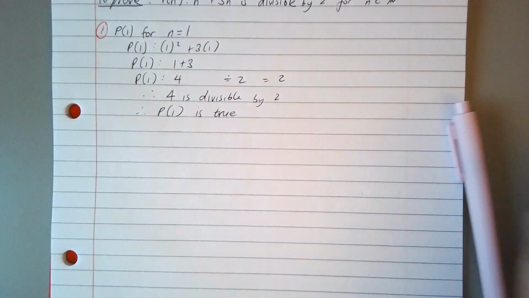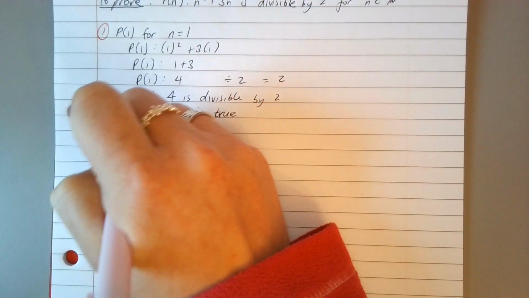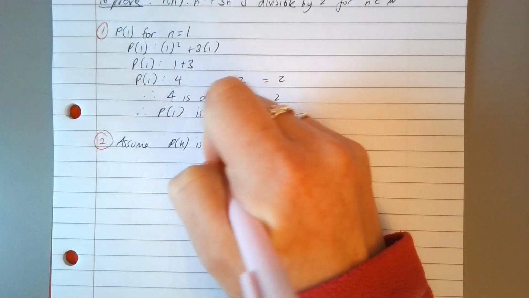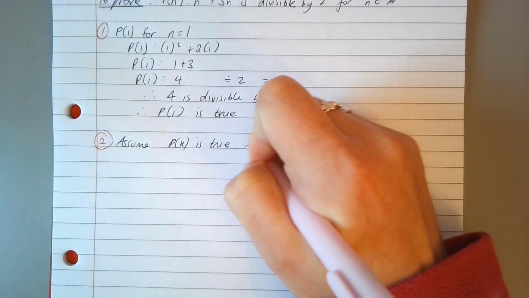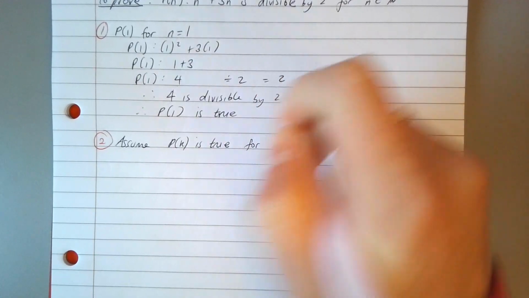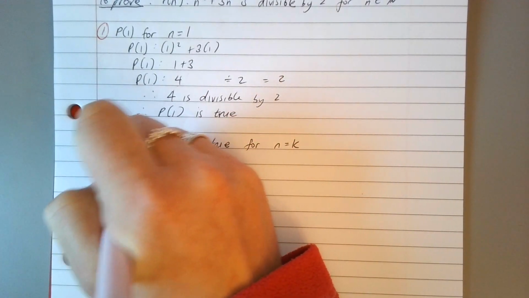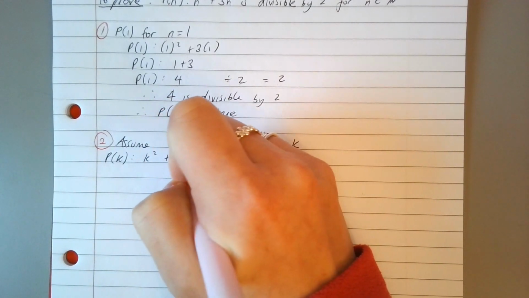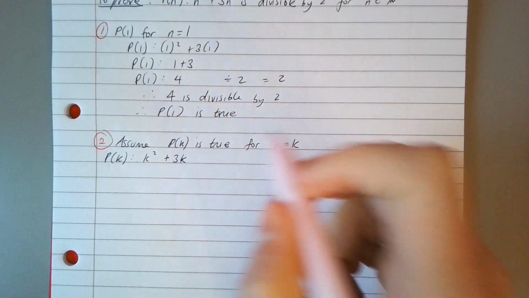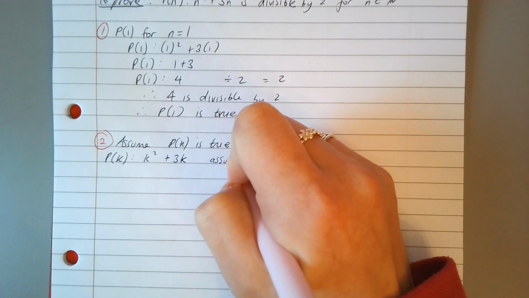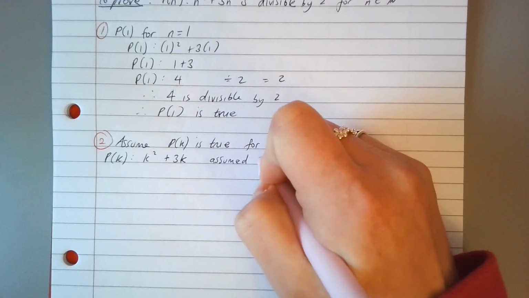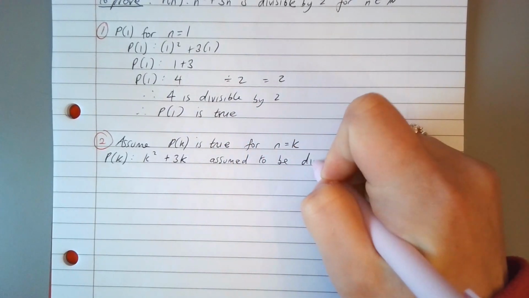So second step then is assume proposition k is true for n is equal to k. And we'll fill in pk, which is k squared plus 3k. And we're assuming that proposition k, k squared plus 3k, is divisible by 2.